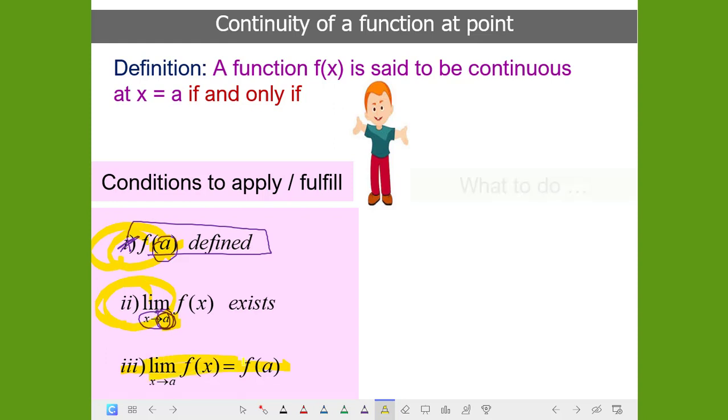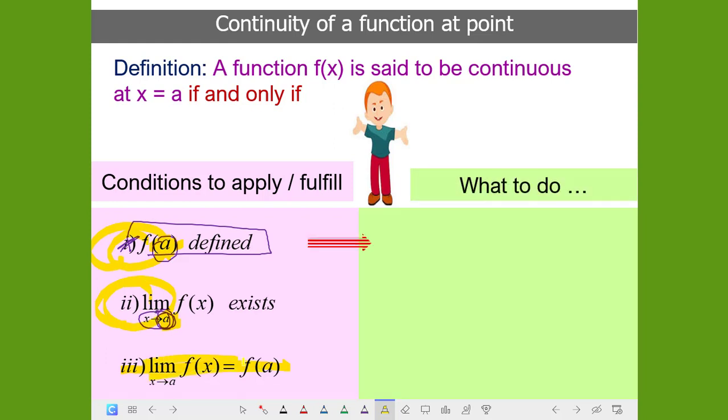And what to do? To check step 1, substitute x equals a in the function. If you get a value, okay. If you get undefined, it means that the function is discontinuous.